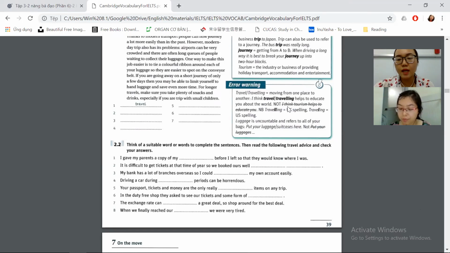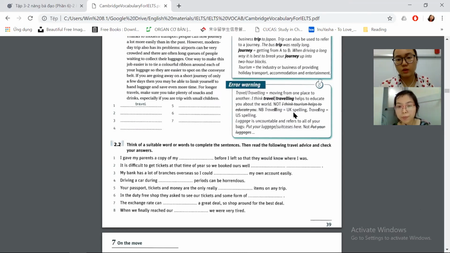You cannot say "I think tourism helps to educate," because tourism is the business, the industry. You can spell traveling with a double L or one L, it depends on the UK or US spelling.